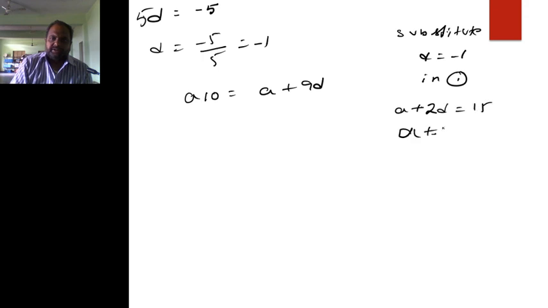A plus 2 into minus 1 is equal to 15. A minus 2 is equal to 15. A is equal to 17.